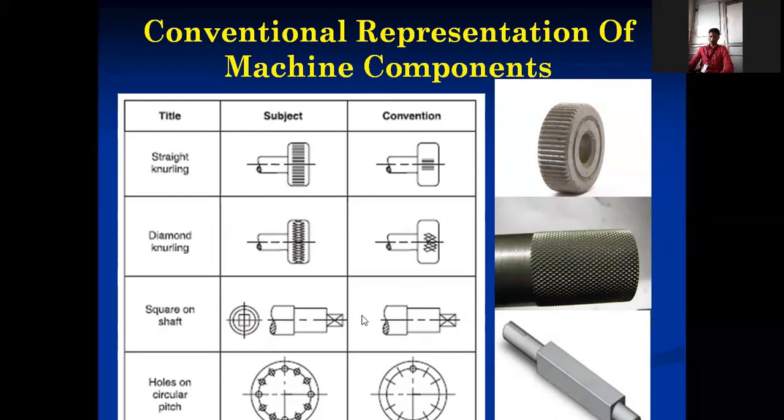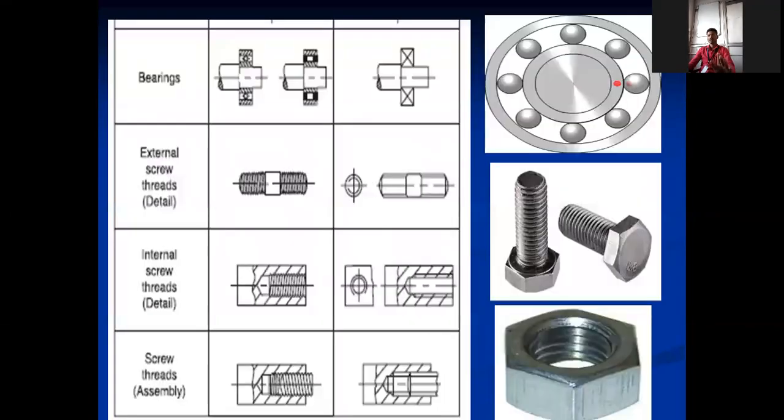Then the square on shaft is used to avoid slippage of the mounting. Further, holes on circular pitch: if there are a number of holes on a component, it is not necessary to show all the holes. Only one hole you can show, and the remaining you can show by center line. That was the meaning.